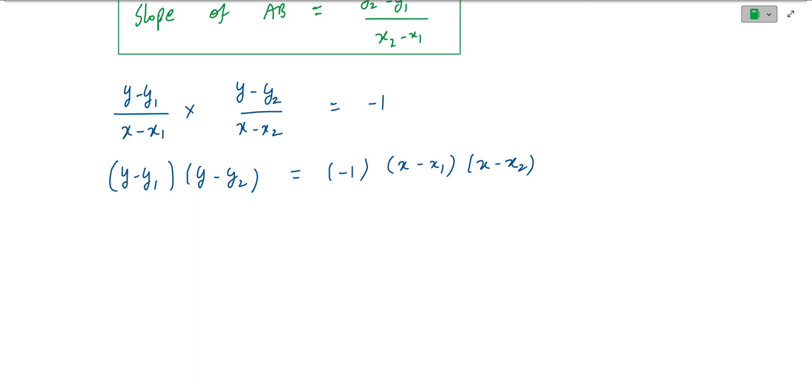So now you transpose this entire right hand side to the left hand side. We have a minus sign here, so when it comes to the left hand side, it will become plus.